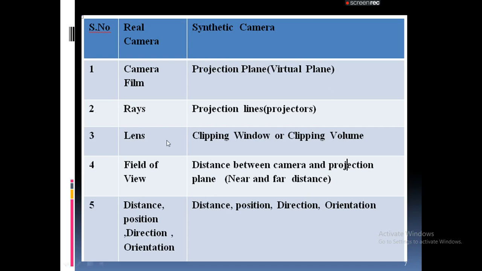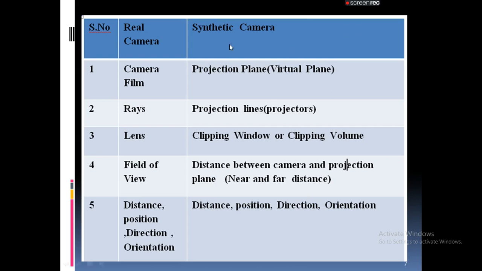With the help of these rays only, the reflected rays, when a light source is reflected on the object, those reflected rays enter inside the camera through the lens, and those rays help to project the image on the camera film.